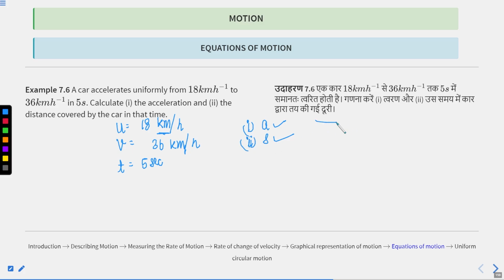For acceleration we will use v equals u plus at, and for s we are going to use v square equals u square plus 2as, or s equals ut plus half at square. Both answers will be correct. Same answer.